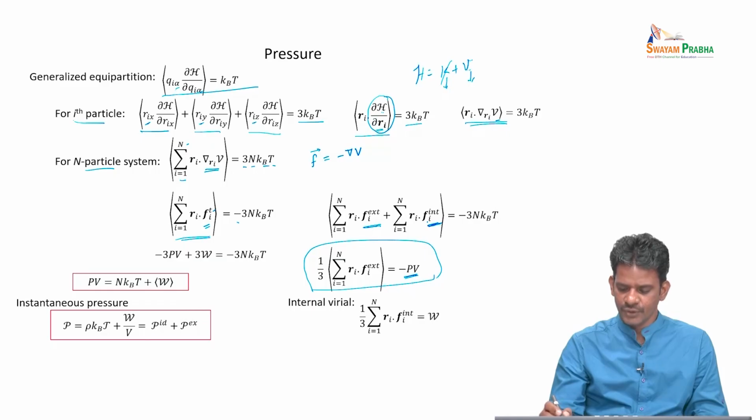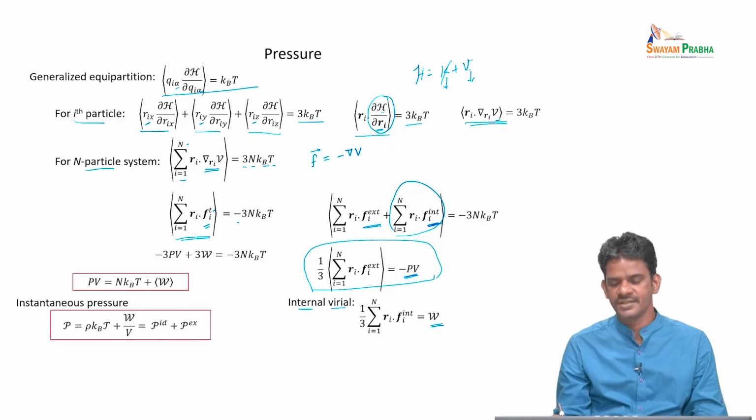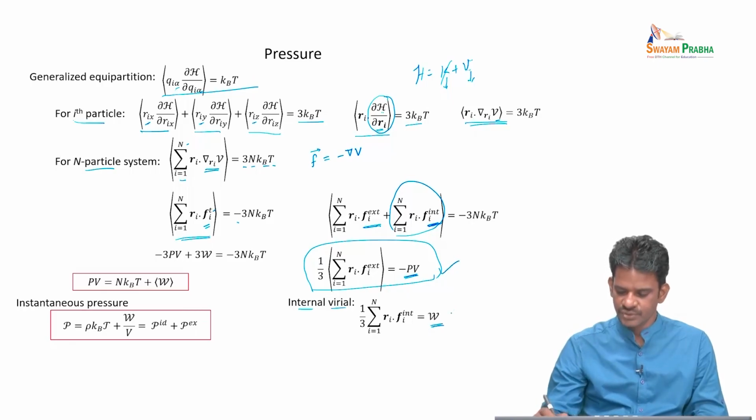And what we are going to do is write this expression in terms of an internal virial. This W here is known as the internal virial, and we take this form and multiply by 1 by 3, and that is what is defined as the virial. So now we are going to use these two definitions in here.